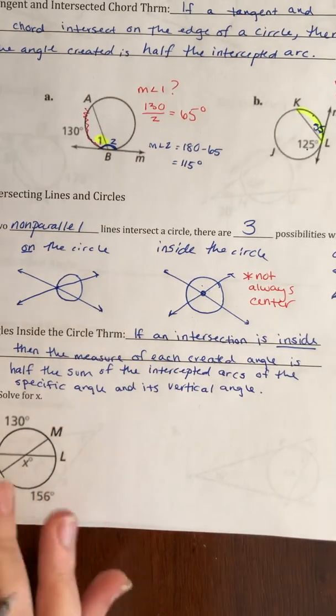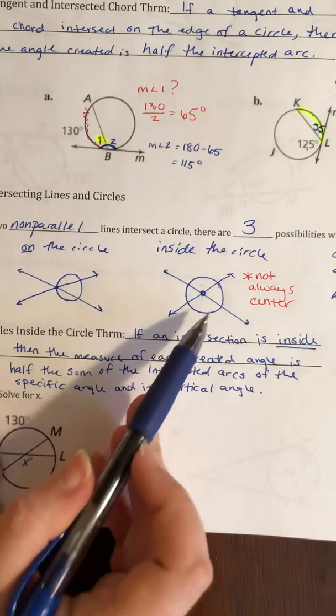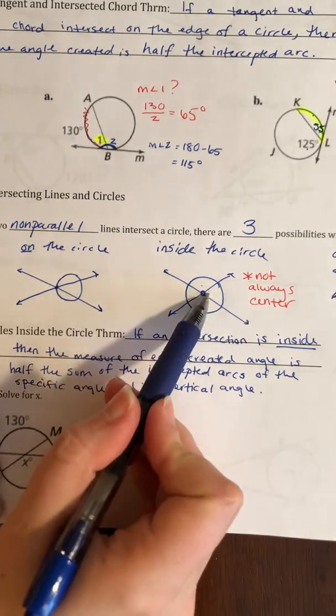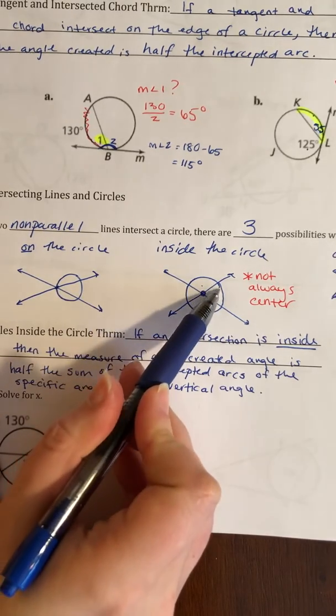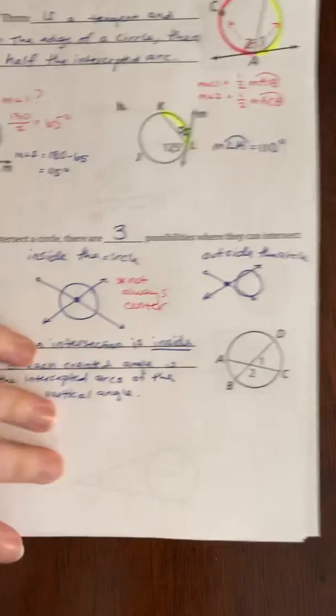Let's break it down. This is how to find the angle no matter where you drew those lines in a circle. Each angle is half the sum of the intercepted arcs for that angle and the opposite one, that vertical angle.